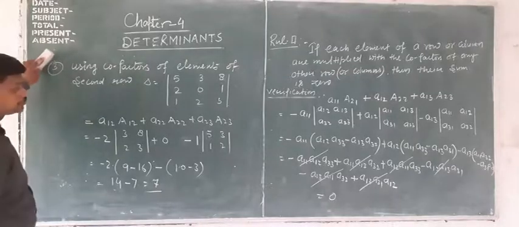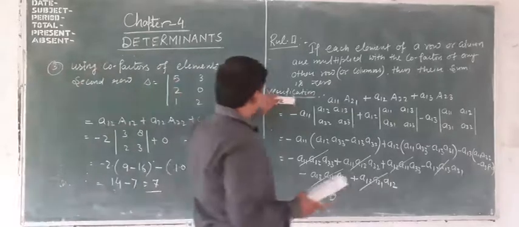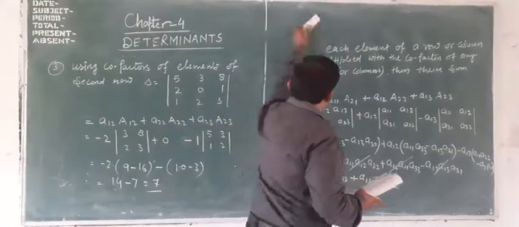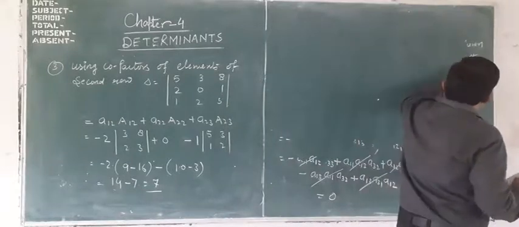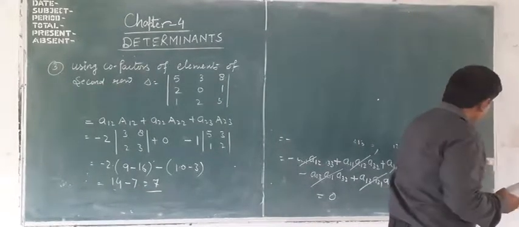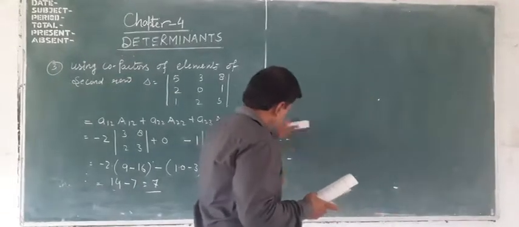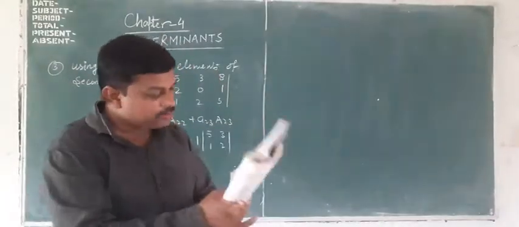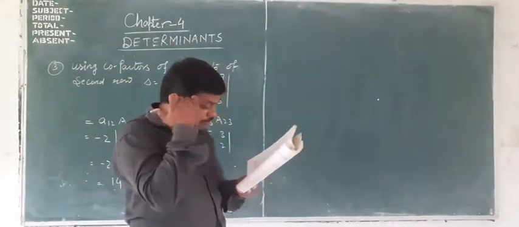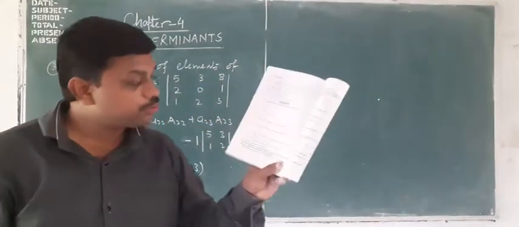So what is question number 5? A determinant is given. You can see this is question number 5.